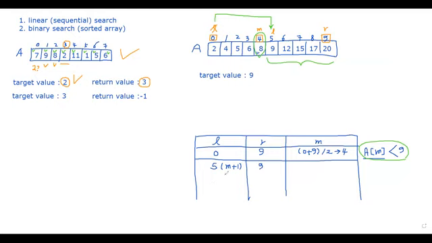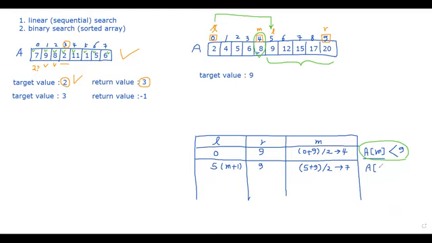Then find the middle index. This time, left 5, right 9. Add them up, divide by 2, and it is 7, right? And do the same thing.